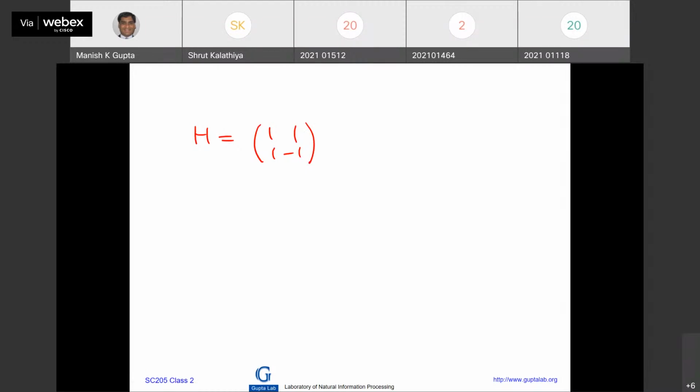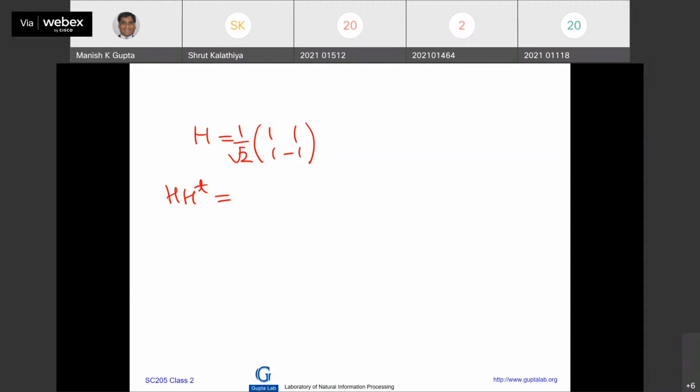This is a Hadamard matrix, with a scaling factor of 1 over square root of 2. You can check what H times H transpose is. Can you tell me? It is the identity, 2I. So again, a Hadamard matrix. This is also known as the Hadamard gate in quantum computing, very famous. If you know about quantum computing, you might be recognizing it. So this is a 2 by 2 matrix.